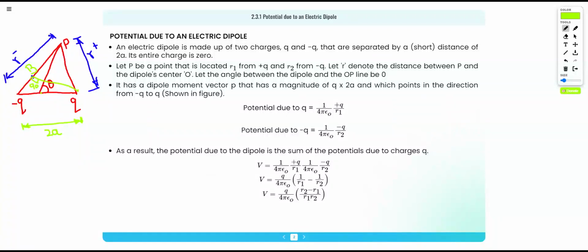See, in this triangle, I'll name this triangle further.